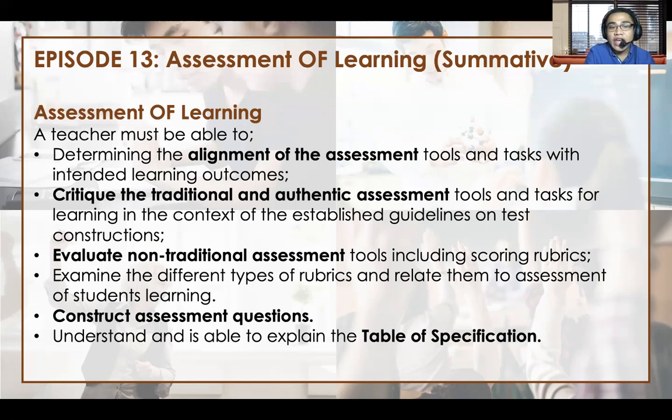Okay. Evaluate non-traditional assessment tools, including scoring rubrics. Making a non-traditional assessment is actually quite difficult because the rubric construction is also somehow difficult. It has to be validated and evaluated. Now, in scoring, you must determine the certain levels.